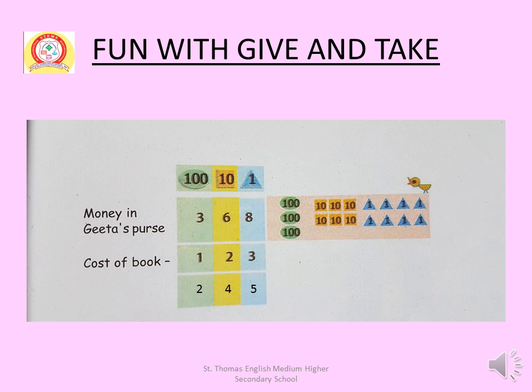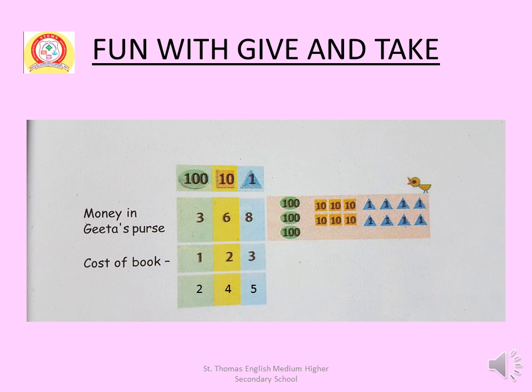In the tens column, strike off 2 tokens from 6 tokens of tens. So you have 4 tokens left. So write 4 in the tens column. In hundreds column, strike off 1 token from 3 tokens of hundreds.